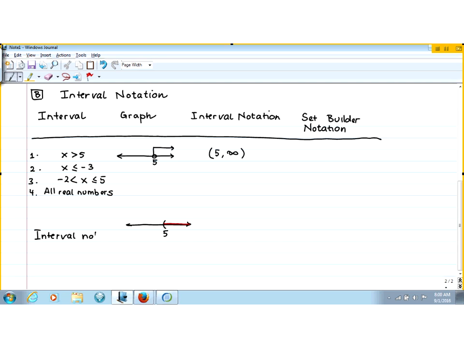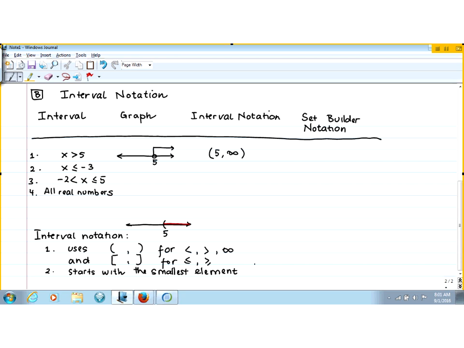Interval notation uses the parentheses for less than or greater than, and a bracket for less than or equal to, greater than or equal to. For infinity and negative infinity, next to it we need to use parentheses, and it always starts with the smallest one, right? With the smallest element.